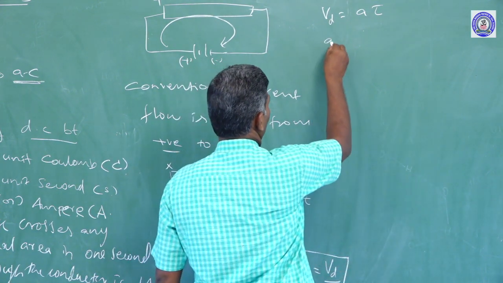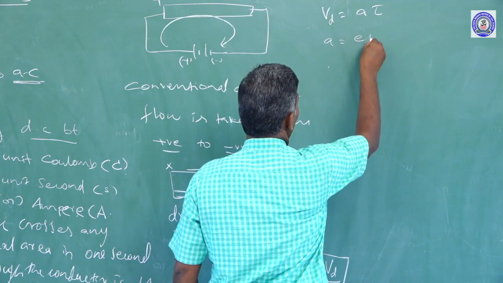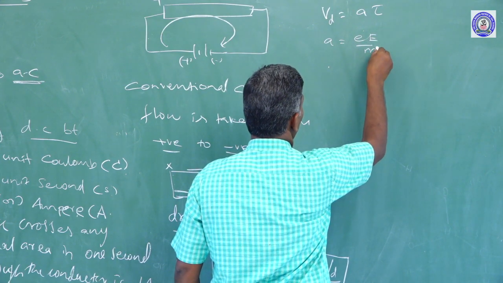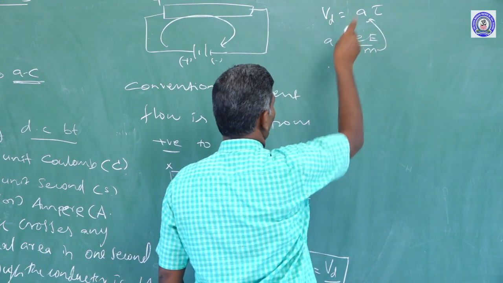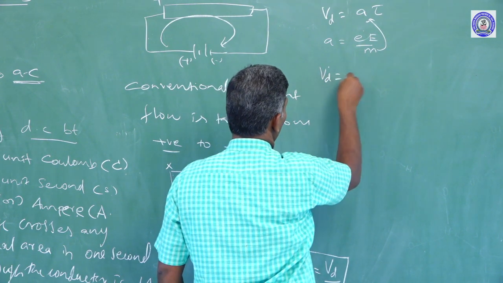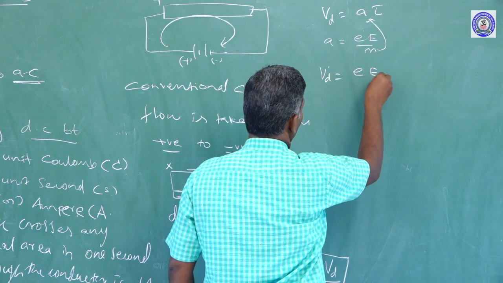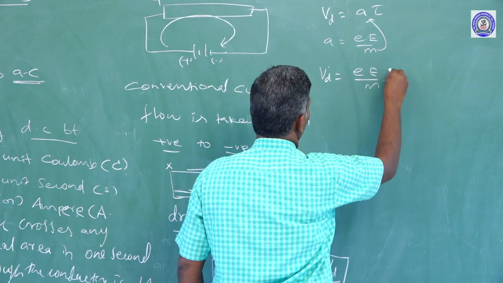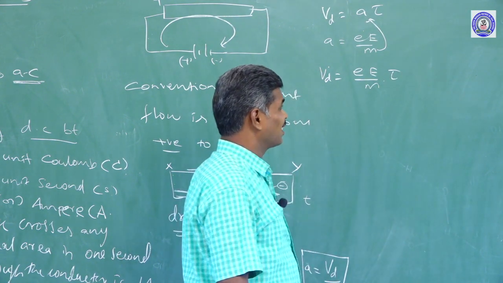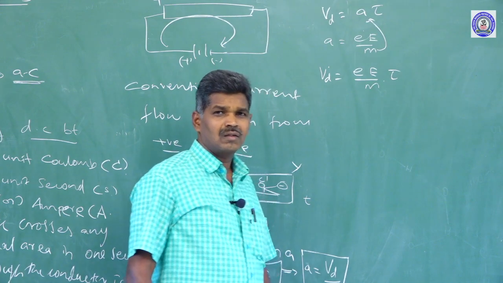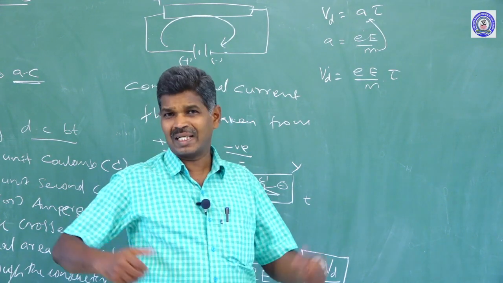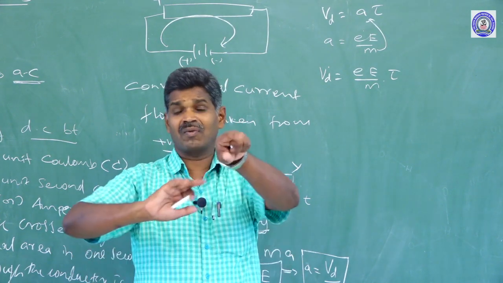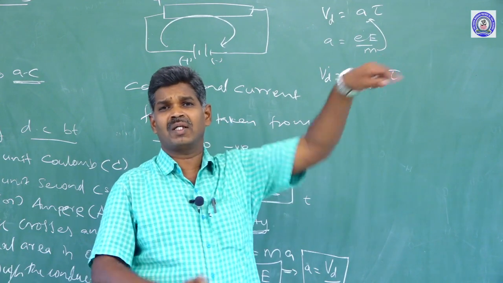Then we have the value of the acceleration, a is equal to eE by m. If you substitute this value in our formula, Vd is equal to eE by m into tau. Here the electrons are drifted towards the positive terminal, but the electric field exists from the positive terminal to the negative terminal.